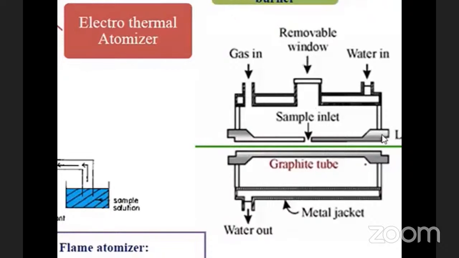Two electrodes are fitted at the end of the tube and a stream of an inert gas like argon or nitrogen flows in and around the tube, which is to prevent the possible oxidation of the graphite material. The entire assembly is then kept in a water-cooled jacket. It is popularly referred to as a graphite furnace.